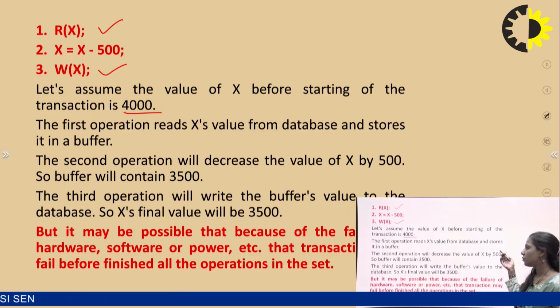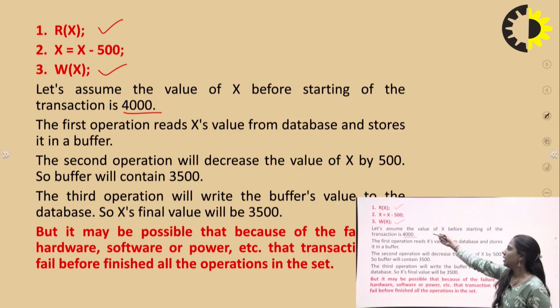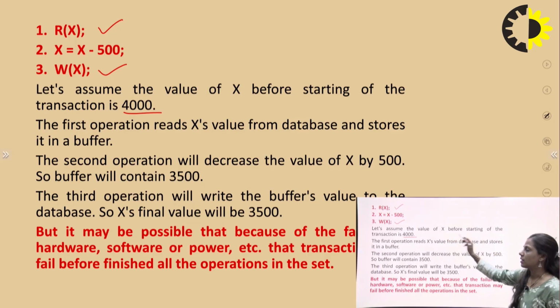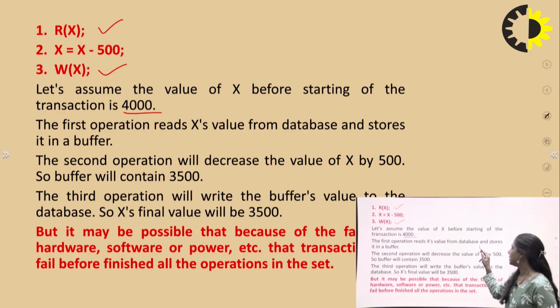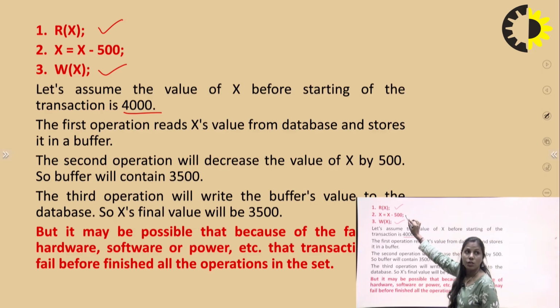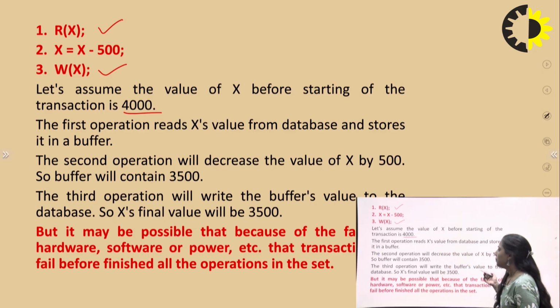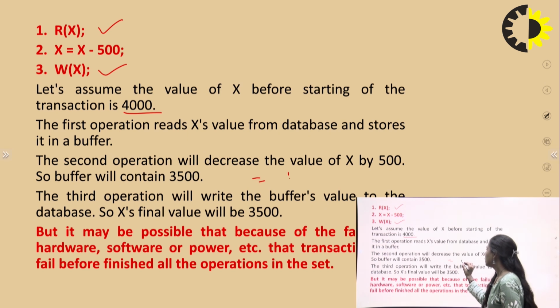Let's understand this whole example. We have taken the value of x before starting, that is the 4,000 amount. The first operation is read x value from the database. So it will read and store it into the buffer. The second operation is x equals x minus 500, that is 4,000 minus 500.